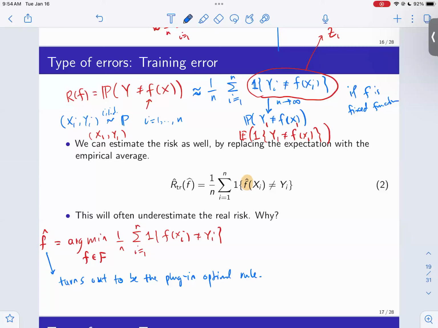Because you minimize this, you tend to get things for which this is smaller. And the fact that it's smaller is that you overfit the data. If your loss is measuring, like, 0, 1 loss is measuring agreement, when you minimize it, you also fit perfectly to the training data, which is called overfitting, because you don't want to assume that there are examples. This is not always bad though.